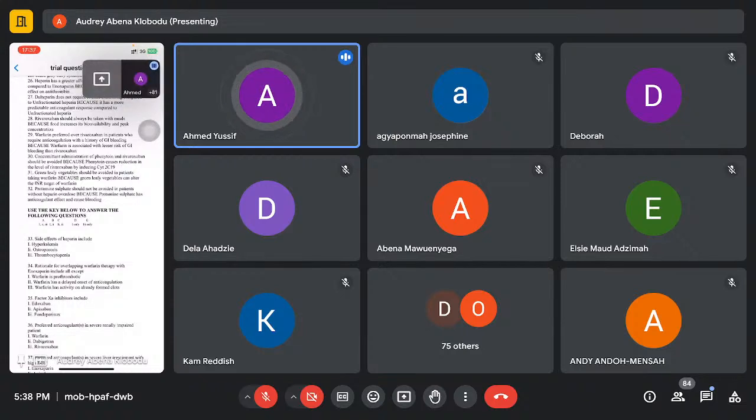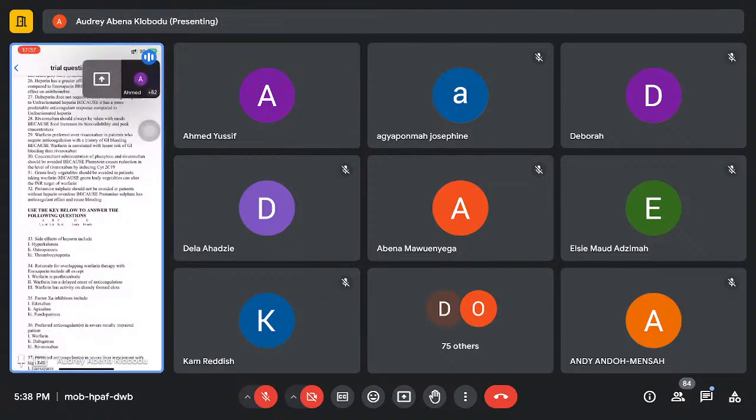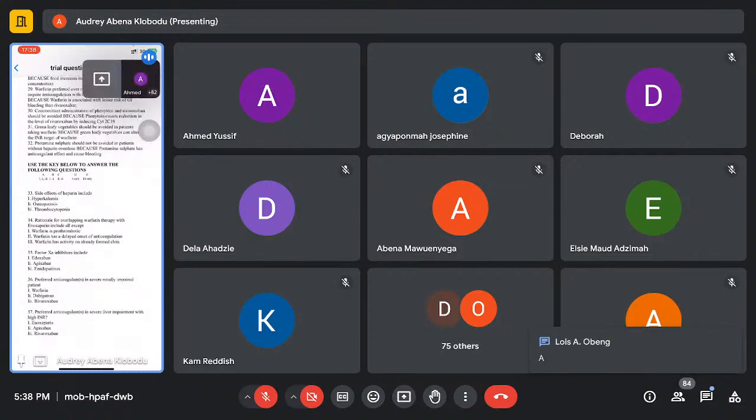All right, let's move on. Use the key below to answer the following questions. A is I, II and III. B, I and II. C, II and III. D, I only. E, III only. Question 33.